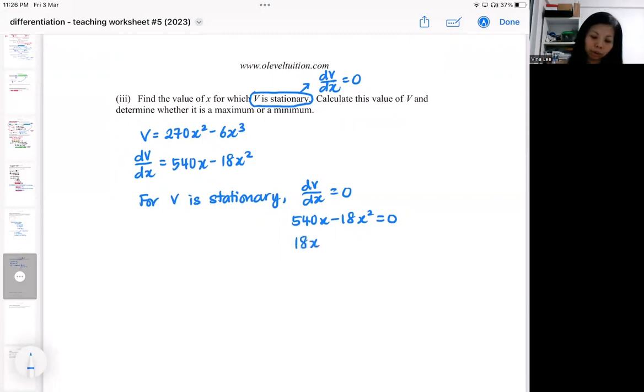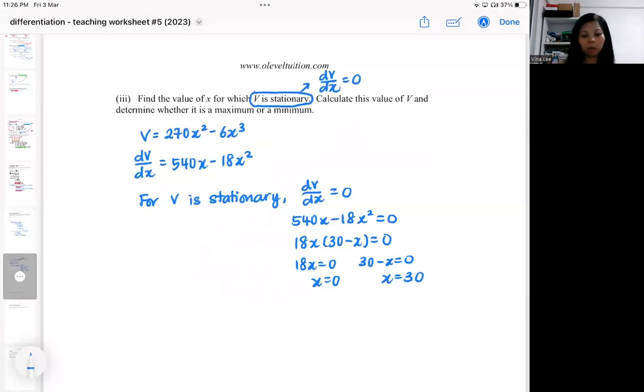So do your normal quadratic equation and solve for x as per normal. When you get two values of x, think about which one is irrelevant. X equal to 0 will be irrelevant because if x is 0, the whole box will just disappear. There will be no more length and breadth, so it's not a valid answer. So this is the value of x when V is stationary.